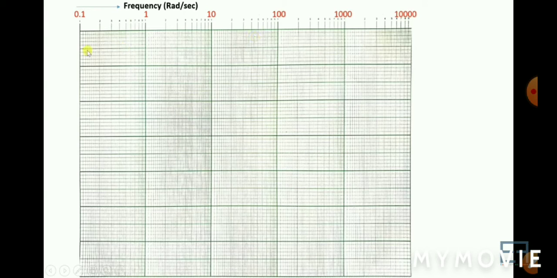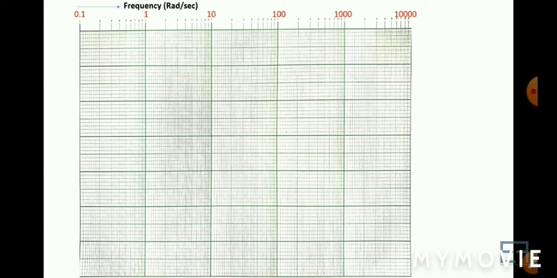Similarly after 1, 2, 3, 4 till 10, then after 10, 20, 30 till 100, after 100, 200, 300 till 1000. Similarly it will be continued. So this semi-log sheet is in terms of decades, right.